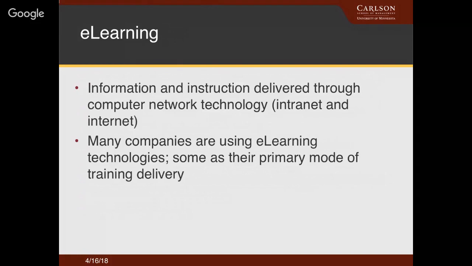So the base definition of e-learning is just information and instruction that's delivered through some kind of computer network technology. It may be intranet, so within an organization's network system, or it may be internet-based, accessible via anywhere. So you can get this kind of stuff, obviously, on Khan Academy, on YouTube, et cetera, on the internet. But you also have corporate intranet systems where you can access training that people outside can't access.